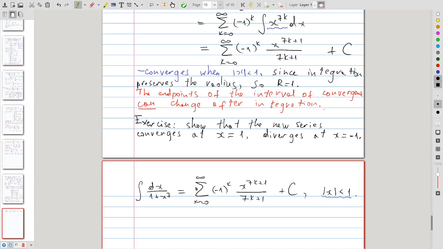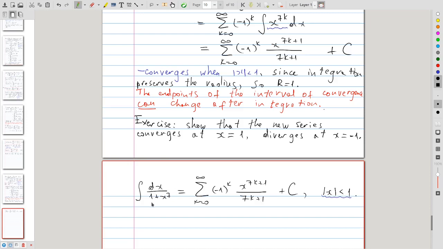This form of the answer is particularly convenient if you are only concerned with the values of this antiderivative on this interval for x. So of course you could have done this computation using partial fraction decomposition. So you could have written down the partial fraction decomposition for this function, then determined the coefficients, then integrated, and that would have given you the form of the antiderivative as a closed expression.